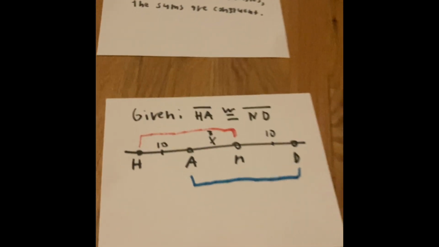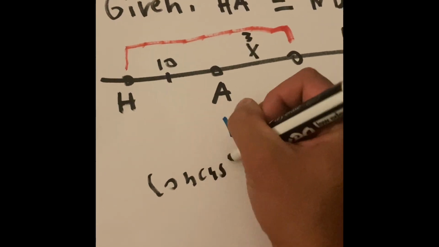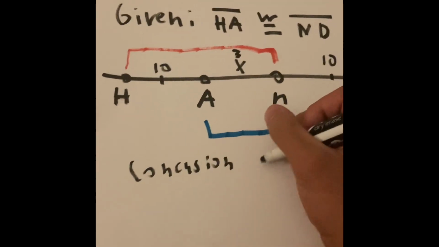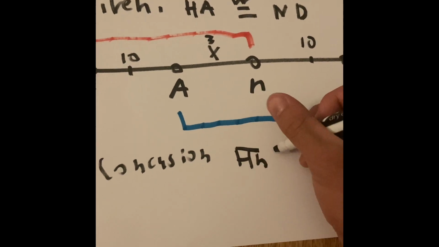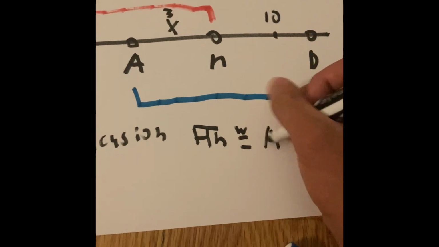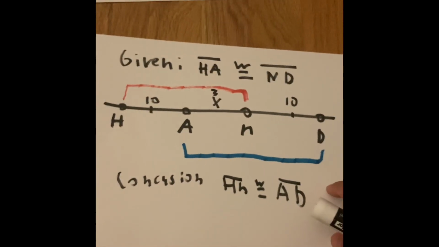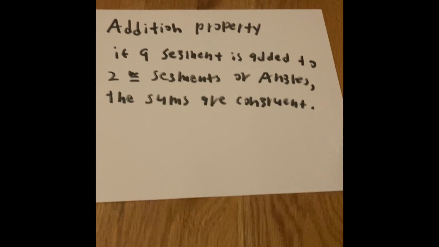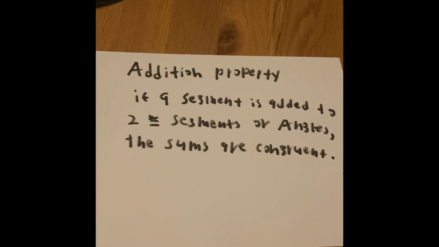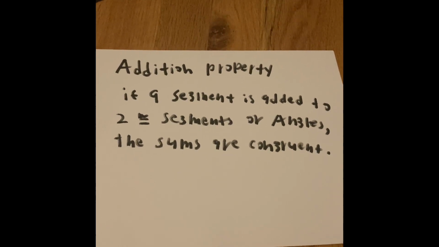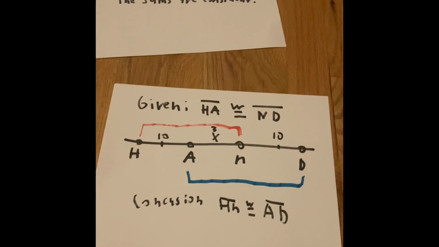So our conclusion is that HN as a segment is congruent to AD as a segment. That explains that if a segment is added to two congruent segments or angles, the sums are congruent. So we have now learned the addition property.